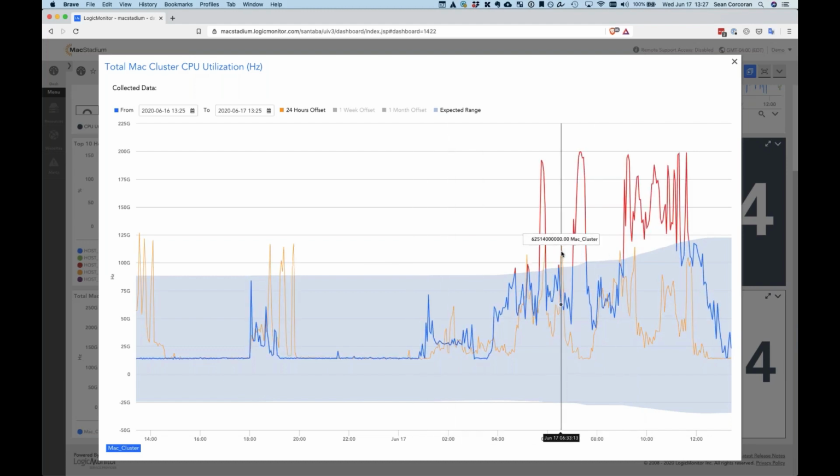This orange spike here is around 114 gigahertz. Today it's up at almost 200 gigahertz. So there's some kind of change that happened there. Maybe there are just more build jobs that were exposed to the environment and run by developers because we're close to release time. Who knows? But this gives you a way to really monitor consumption and predict it going forward.